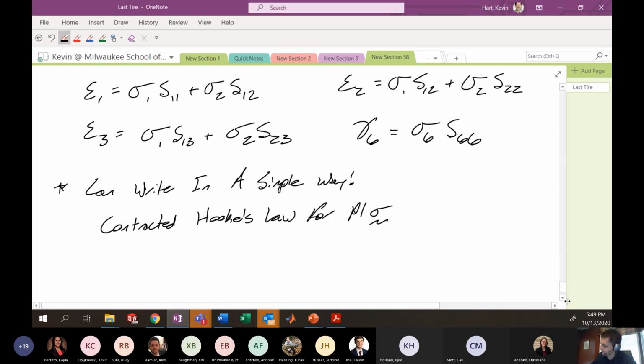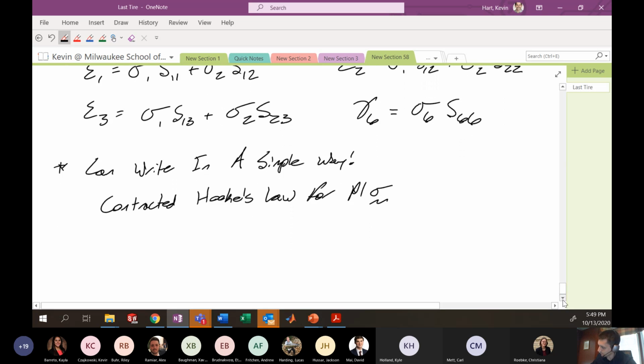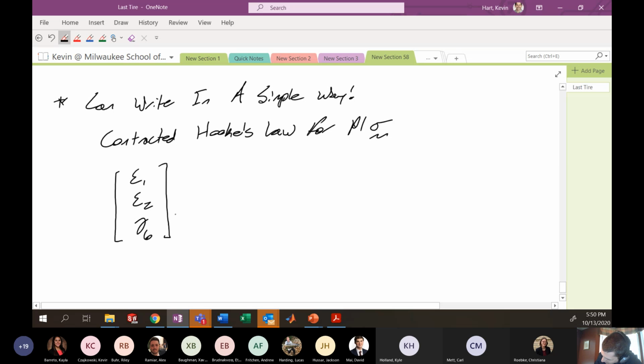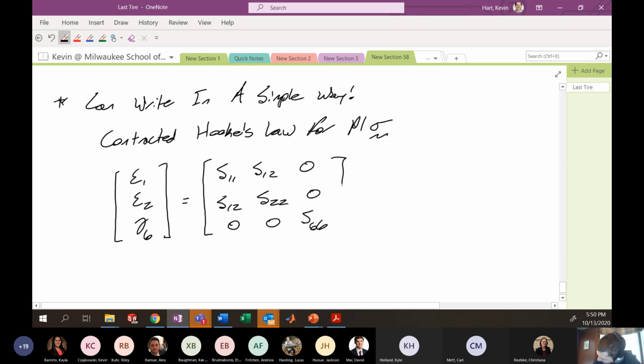Epsilon 1, epsilon 2, gamma 6 equals S11, S12, 0, S12, S22, 0, 0, 0, S66.